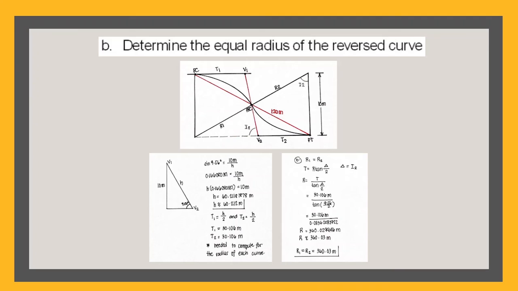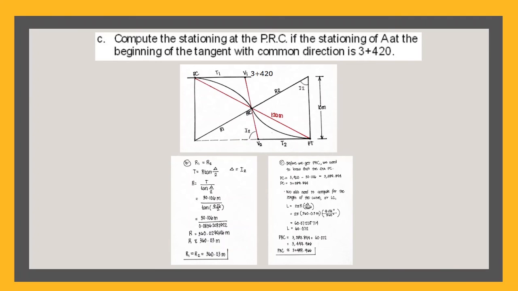Last but not the least, we need to compute the stationing at the PRC if the stationing of A at the beginning of the tangent with common direction is 3 plus 420, which is this one, or the stationing of A. So before we could even get our PRC, we need to know first the station at PC, which is this one.